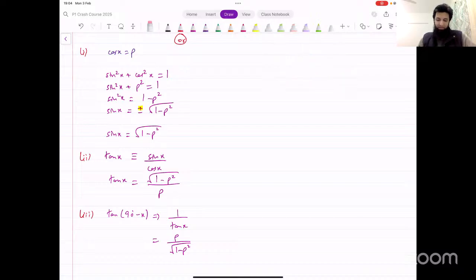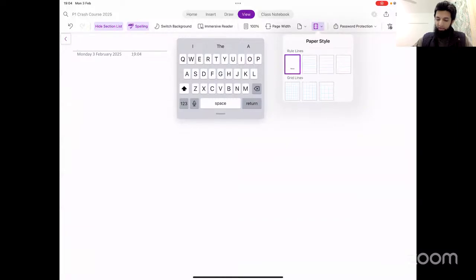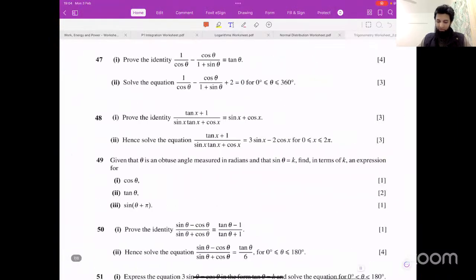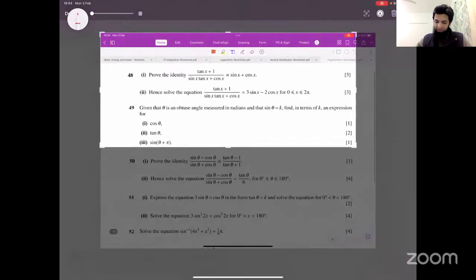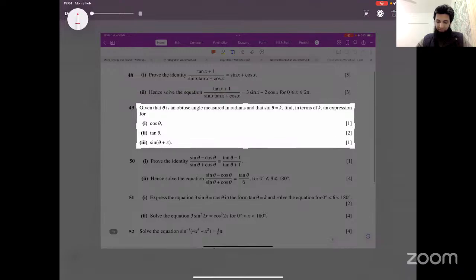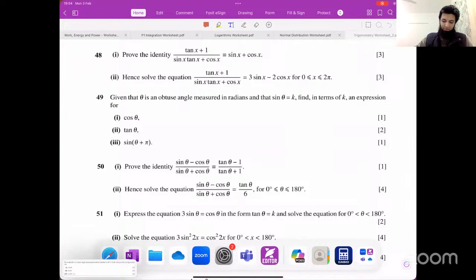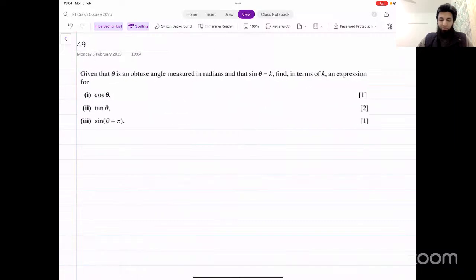But this is another method that you could use, but the problem is sometimes you end up getting some other angles inside the bracket. Just one last example very quickly, 49. In this case, you see the last part of this question, it has sine of theta plus pi. Now, if you use identities, then there are too many identities to remember.